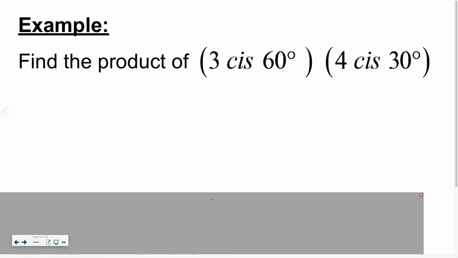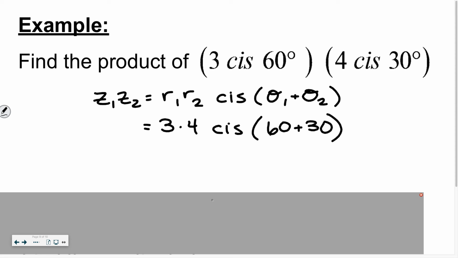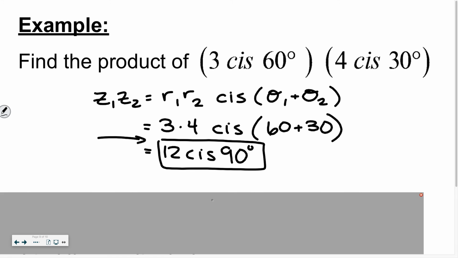So z sub 1, z sub 2, I know I should multiply my modulus and add my arguments. So what two numbers am I multiplying? 3 and 4. And what two numbers am I adding? 60 and 30. So to multiply those two complex numbers together, I will get 12 cis 90 in trig form. That is way easier than FOILing that stuff out, yes?